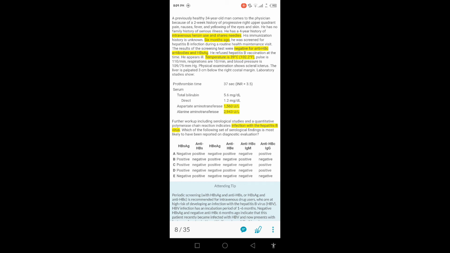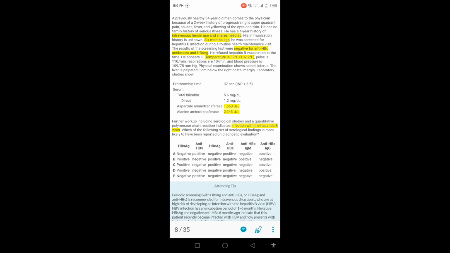So hepatitis B E antigen is a marker of viral replication, so it is positive in acute infections. And we can understand that antibodies should not be formed for hepatitis B E antigen right now, as it is an acute infection. So now we have to look at two very important antibodies.